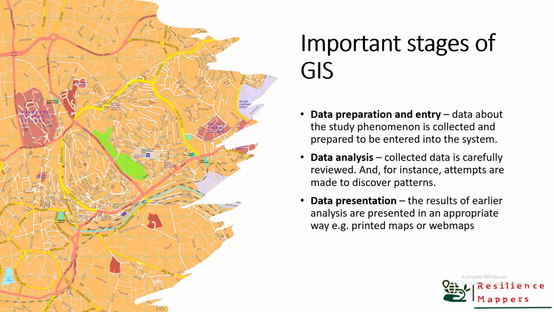For example, maybe your raw data is elevation data you collected in the field, coordinates X, Y, and also their heights on the ground. Now you import this elevation data into your GIS.